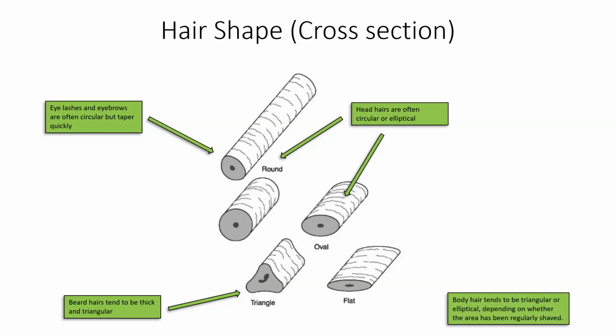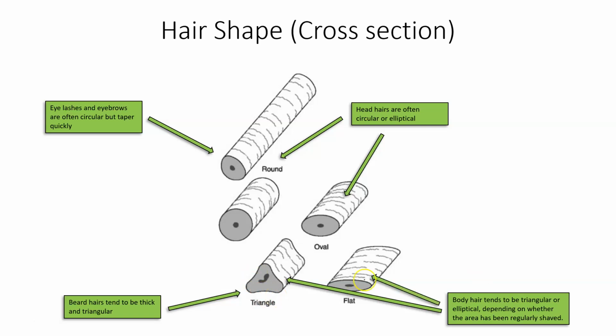Body hairs tend to be triangular or elliptical depending on whether the area has been regularly shaved. Again, if legs or arms are regularly shaved, then they typically change in shape. They can flatten out or become more triangular as they become shaved.